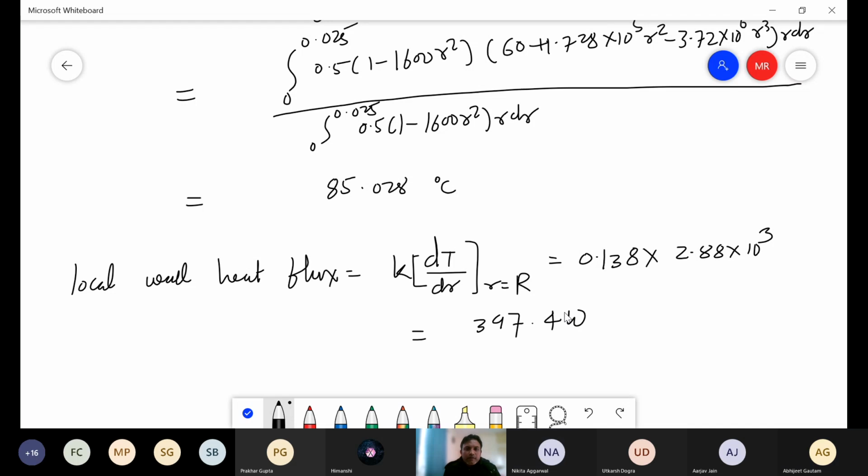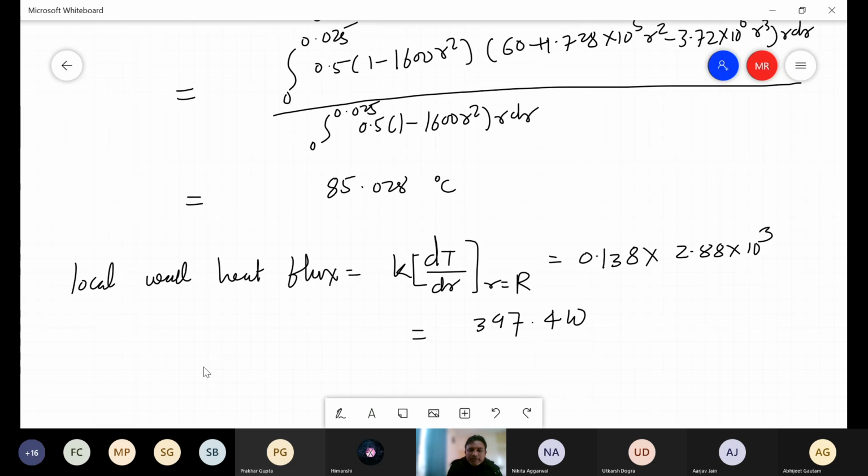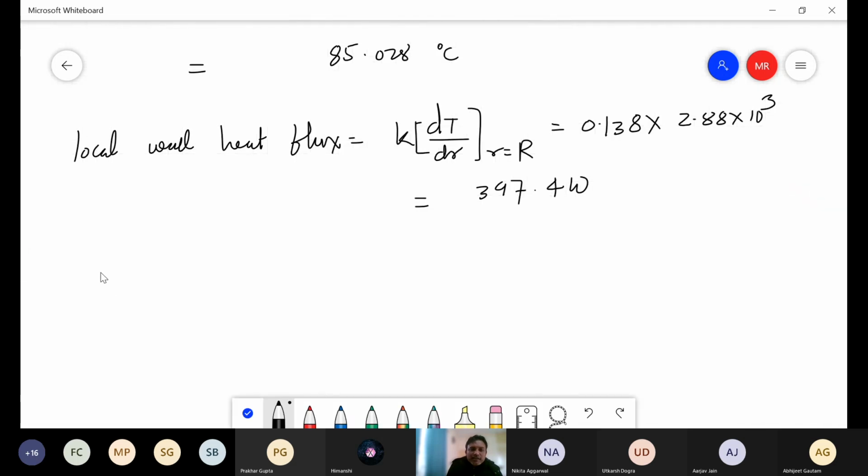Now the last part in this problem is to calculate the heat transfer coefficient.